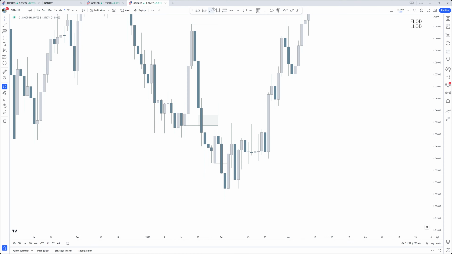And then the last line of defense would be that high right there. The first line of defense would be that fair value gap right there. What happens right here? We are disrespecting this last line of defense. So what does that create? A new price action leg, something new that we can work with.